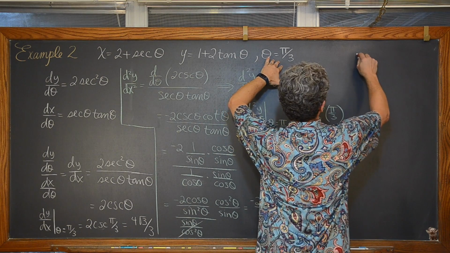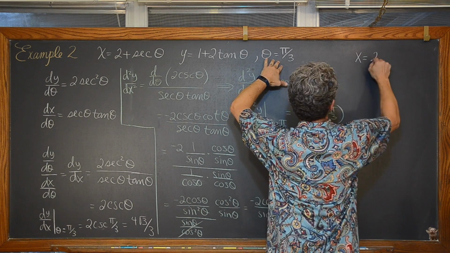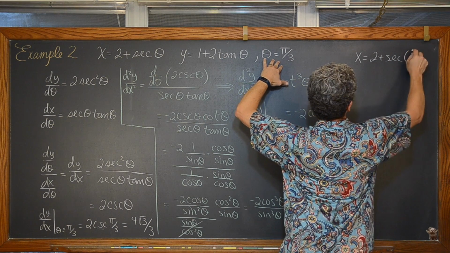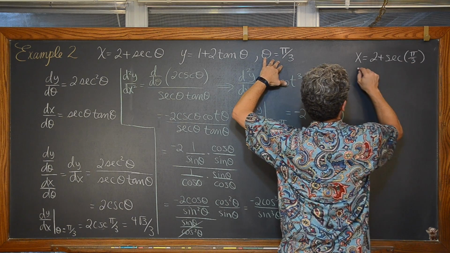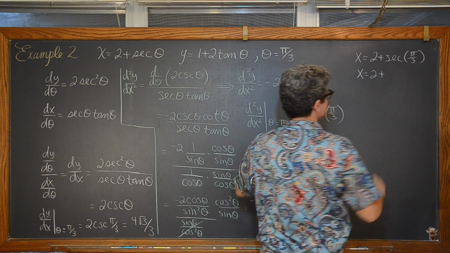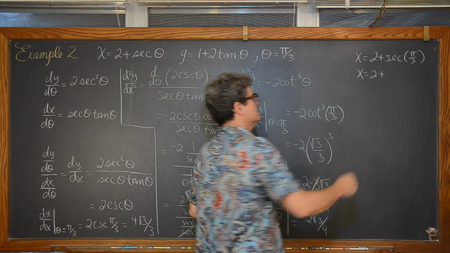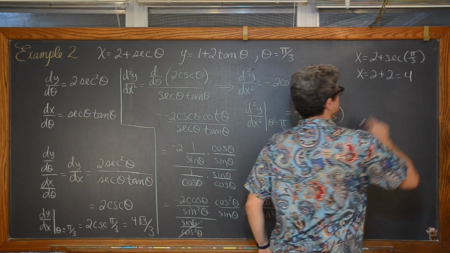Well, that's going to be x is equal to 2 plus the secant of pi over 3. So our x-coordinate is going to be 2 plus, the cosine of pi over 3 is 1/2, so that's going to be 2. So our x-coordinate is 4.